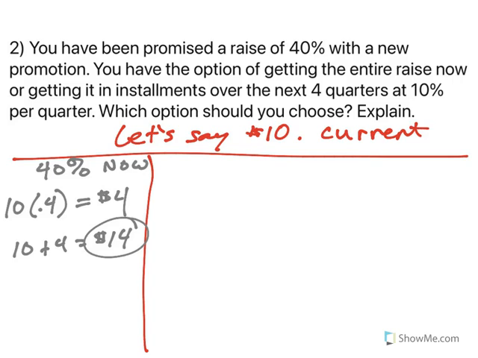Sounds pretty good. I'll take it. Okay, so if we go by quarter, in the first quarter, I would get a 10% raise. So 10 times 0.1 gives me 1. So I'm going to start earning 10 plus 1, which is $11. So for the first quarter, you're making $11 an hour.